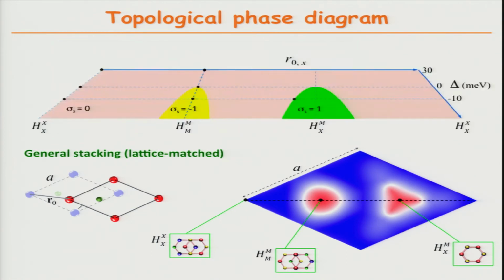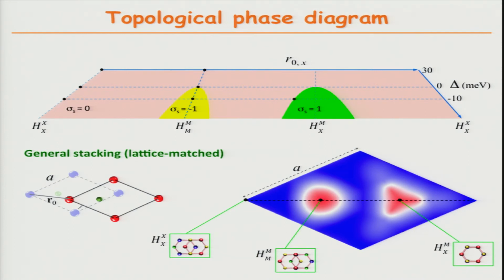And this is how the phase transition happens as a function of the band gap. In other words, it's an electric field which tunes the band gap, closes it, and then reopens it, going into the hybridization region.